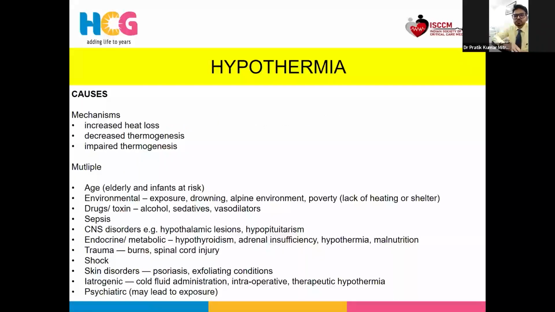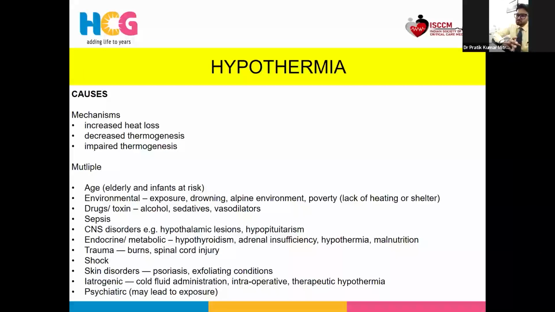Causes of hypothermia: the mechanisms are increased heat loss, decreased thermogenesis and impaired thermoregulation. The aged and infants are at high risk. Environmental factors include drowning and exposure. It may be drug-induced, such as alcohol, vasodilators, sedatives, or sepsis-induced.